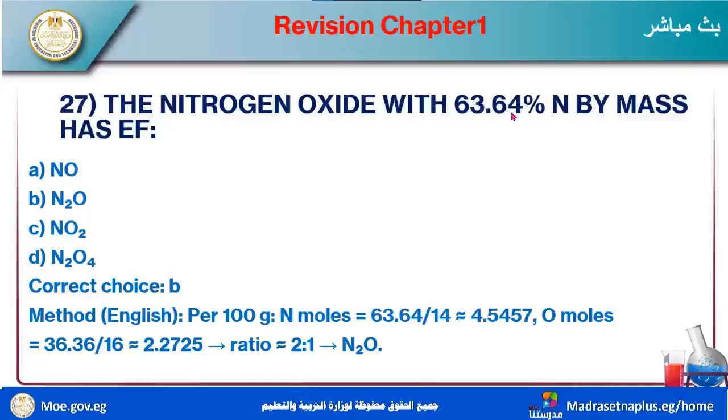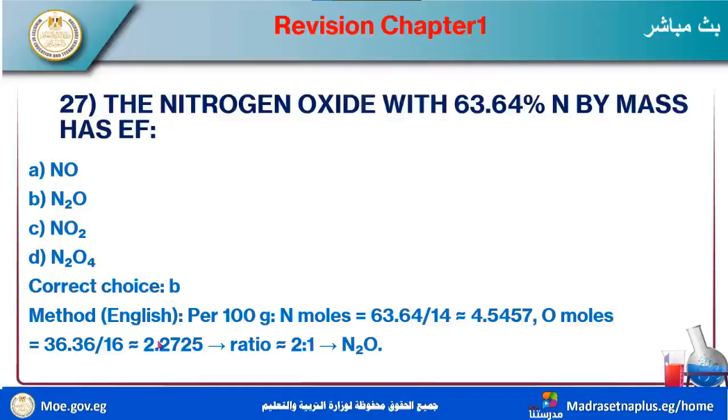63.64 divided by 14, because that is the molar mass of nitrogen, and 36.36 of oxygen divided by 16. Now you have the number of moles of nitrogen, 4.5, and the oxygen moles equal 2.27.